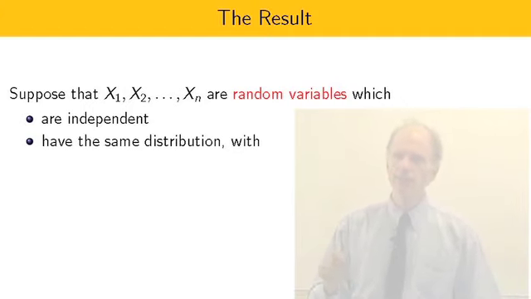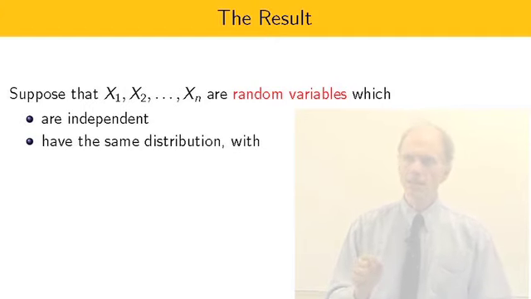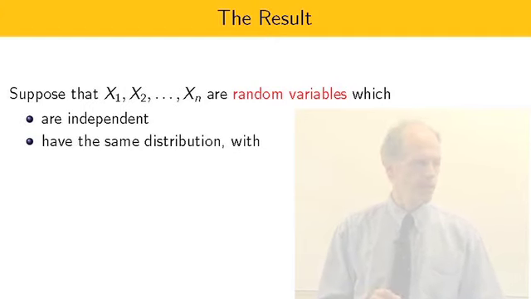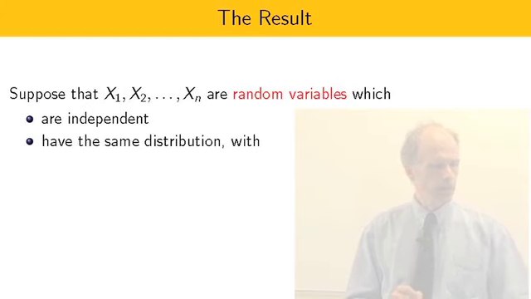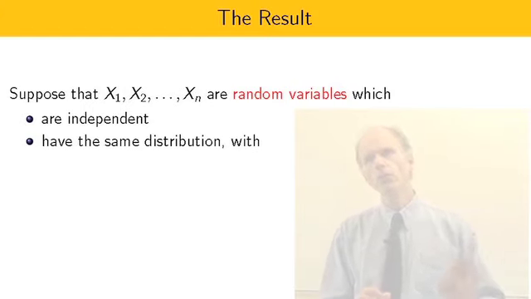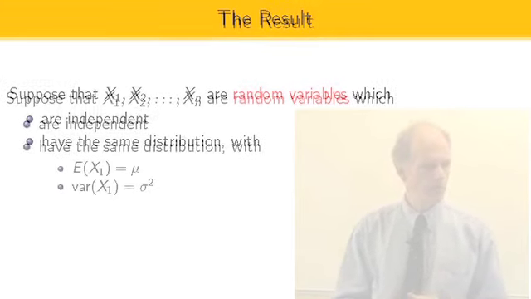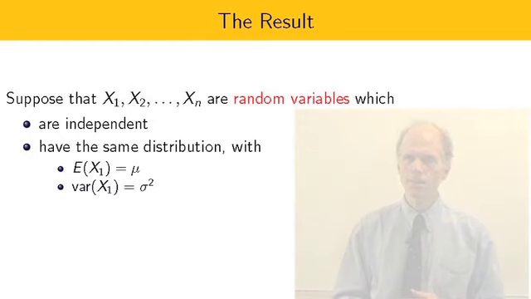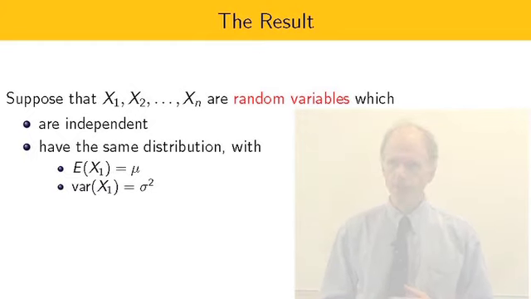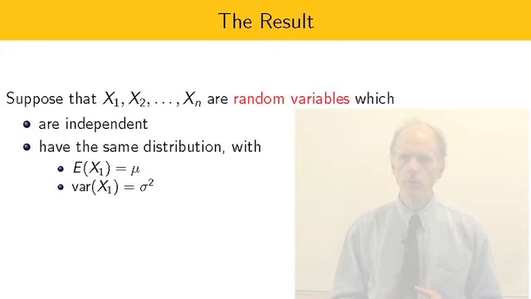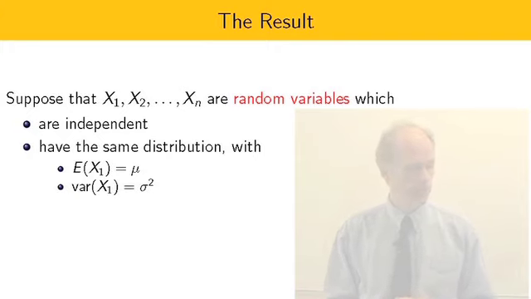We say they're IID random variables, independent, identically distributed. And we can just record two facts about this distribution. First of all, we note the mean of the random variables, which we're going to call μ, and the variance of the random variables, which we're going to call σ squared.